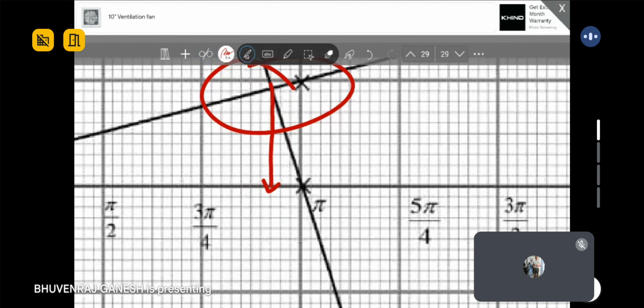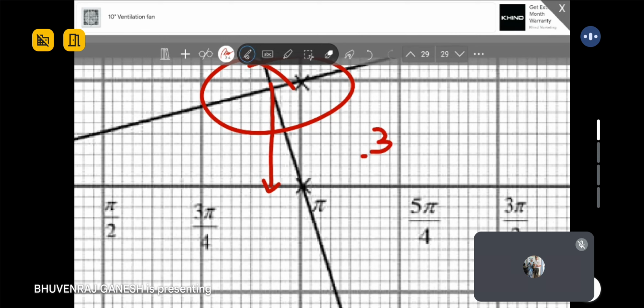So the value is, okay, so you must count and see. Okay, so you must find the scale for one box. So it's pi, wait, okay, so it's pi minus 3 over 4 pi. So basically you have 1 over 4 pi divided by 10. Okay, so you will get 1 over 40 pi. So over here it is 7.